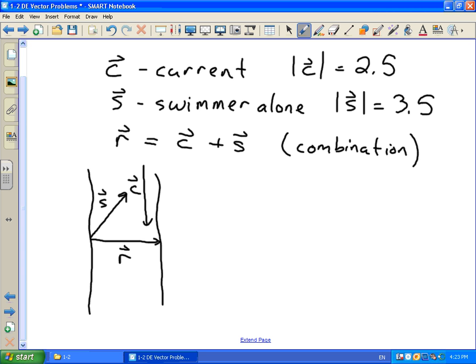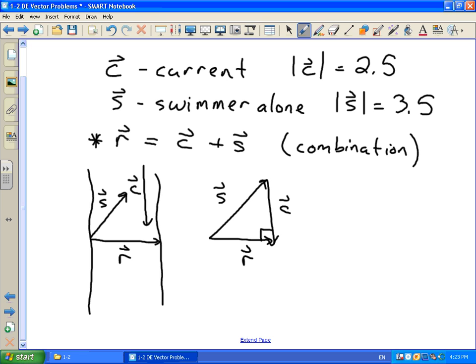So let's express this relationship using these vectors that we've drawn in here. We want the current plus the swimmer's velocity. We can add the current and the swimmer's velocity together just by placing them tip to tail, and they are going to add up to get us this resultant velocity down here.